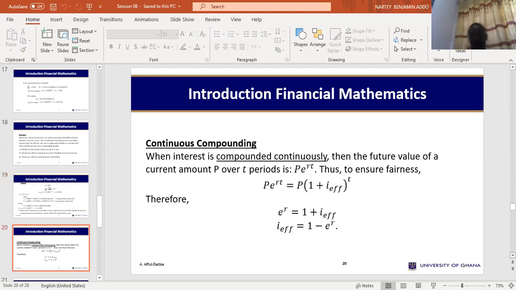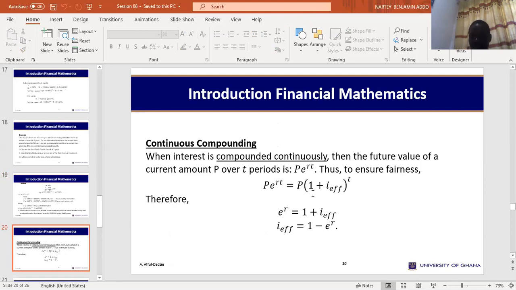Okay, so we now come to what we call continuous compounding. So when interest is compounded continuously, the future value of a current amount P over T periods is P e^(RT).